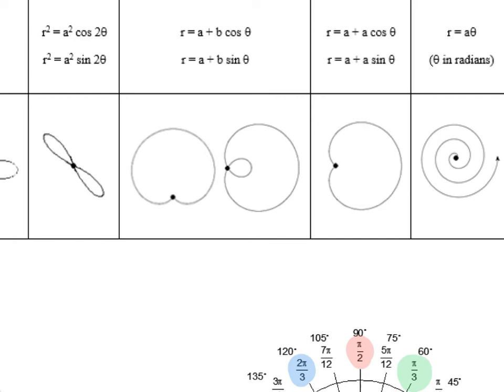So it is possible that you could have a limacon that looks very much like a cardioid, but in order to be defined as a cardioid, the coefficients have to be the same. So think of the cardioid as a special type of limacon, where first off, there's no inner loop, so visually that's your difference, but also the coefficients would be exactly the same as opposed to being different. Same structure, but also same coefficients, making it a cardioid.